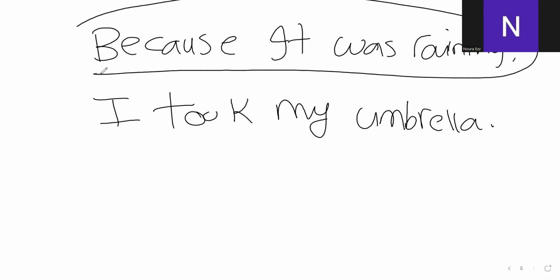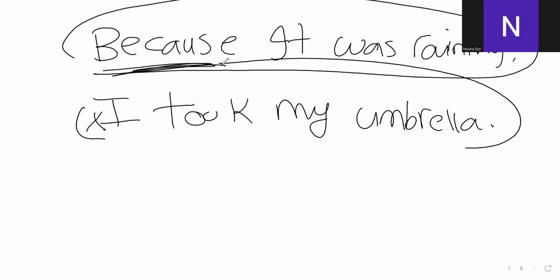Here, if you saw this sentence without this one, because it was raining, and then I stopped, you would tell me, yes, because it was raining, what happened? Oh, I said, I took my umbrella. Oh, yes, now I can understand. So this sentence needs that one to be a full thought.